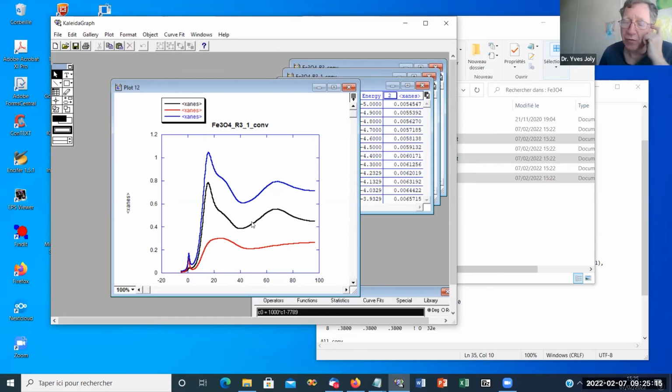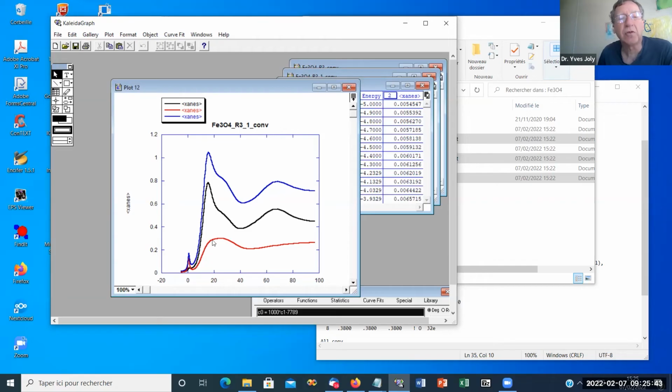So it's due to the fact that it's not an average, but a sum over all the equivalent atoms. And in fact, in the unit cell, you have 8 equivalent irons in tetrahedral site. On the contrary, for the octahedral site, you have 16 equivalent atoms. So it's two times more atoms, so you have 2 times more intensity.